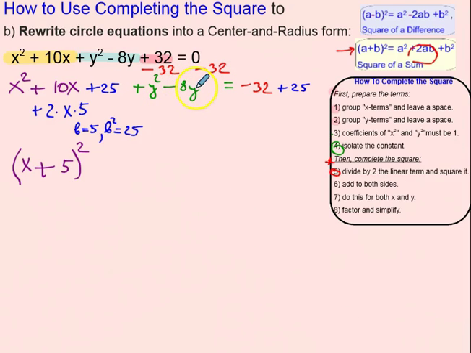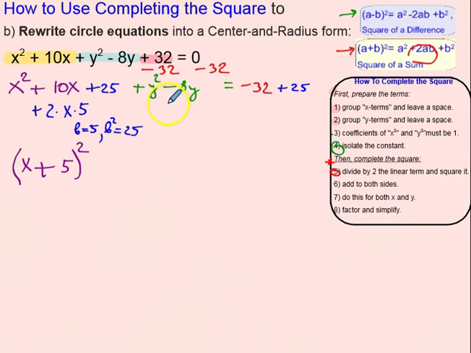Now I can focus on work with the y. So y also has two terms, and I will need to identify the third term. I'm noticing that I have minus 8y. So it's actually a situation of a square of the difference.